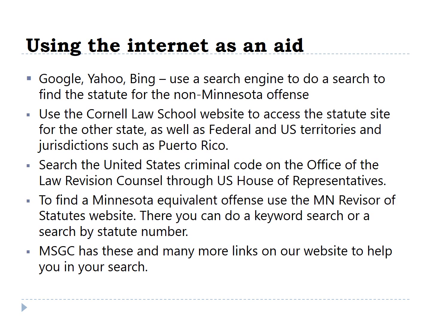For example, to find the DWI laws from 2013, type in 2013 space 169A.20 for the conviction, or 2013 space 169A.24 for the penalty. There are several other options for searching non-Minnesota offenses which can be found on the MSGC website.